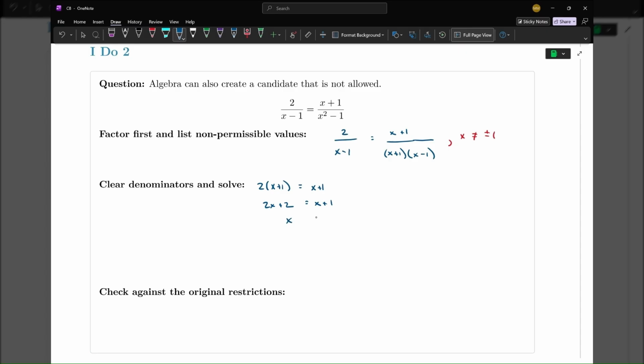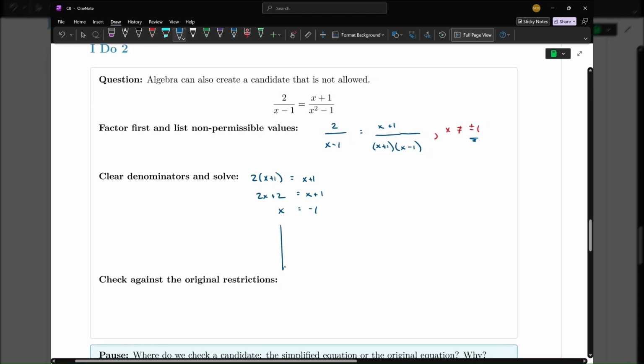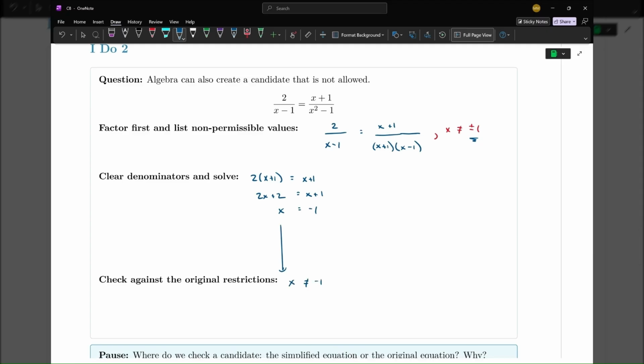Subtract the x, subtract the 2, x equals negative 1. But we said that x cannot be negative 1, so we immediately discard that answer. So x equals negative 1 is the candidate, but when we check it against the original restrictions, x cannot be negative 1. So we go back up and reject it, and we say, okay, we had the one solution, but we just rejected it, so therefore no solution.